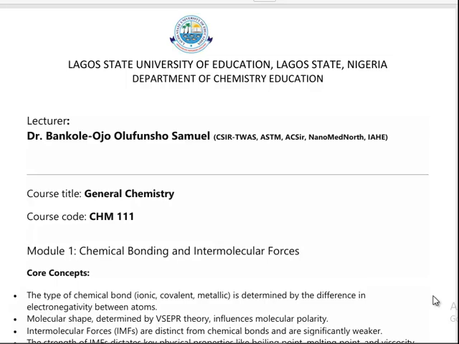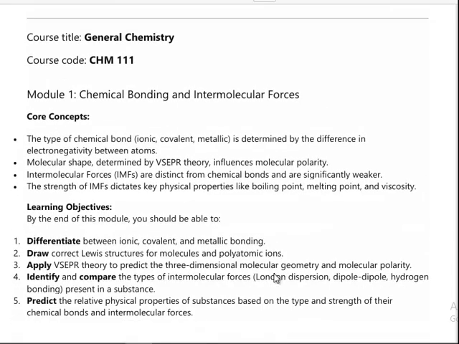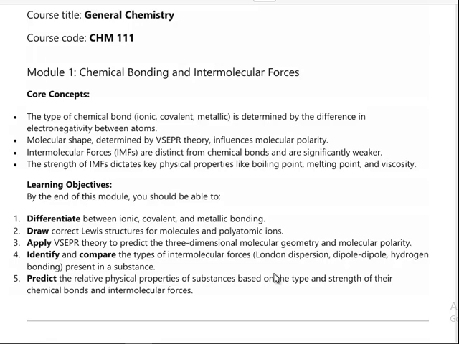So I'll be starting with Module 1, which is chemical bonding and intermolecular forces. Here are the core concepts, and you're expected to know the types of chemical bonds, that's ionic, covalent, and metallic.